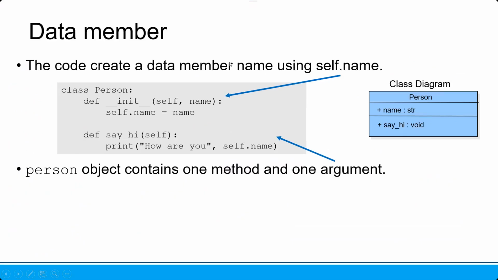So the code creates a data member name using the self name. Okay, so we have self name. And then we have a method, say hi, and this is a class with one argument. So we have one data member, which is name.